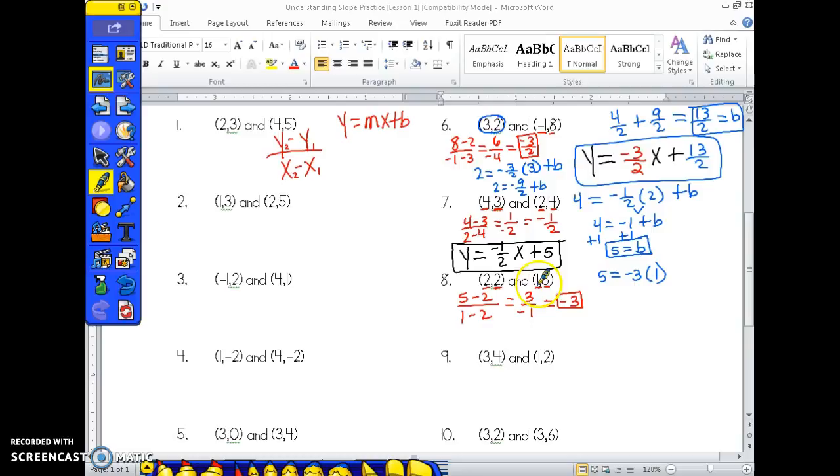Whichever y I pick, I have to pick the x that goes with that. Negative 3 times 1 is negative 3. Add 3 to both sides. My y-intercept is 8. And therefore, my equation is y equals negative 3x plus 8.